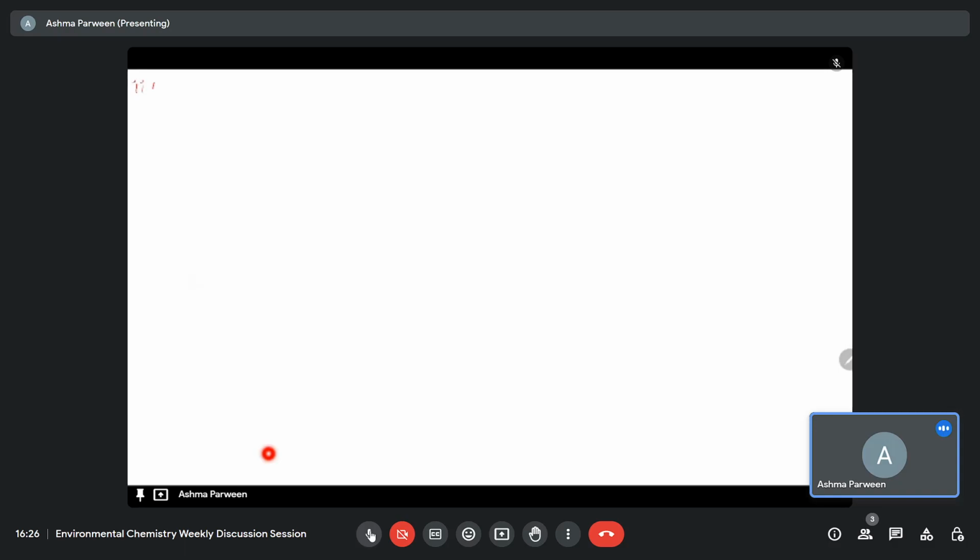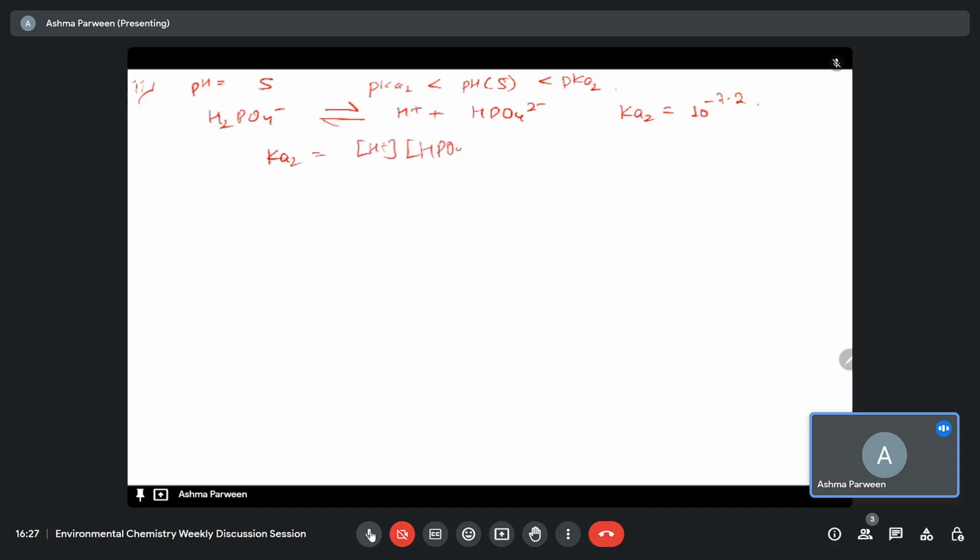So second, we have been given pH equals 5, which is greater than pKa1, but it is less than pKa2. So after forming H2PO4 minus, it will give us 1 H plus along with HPO4 2 minus, and the pKa value is, I think, 7 point something, 7.2. So we will have Ka2 equals H plus times HPO4 2 minus upon H2PO4 minus.